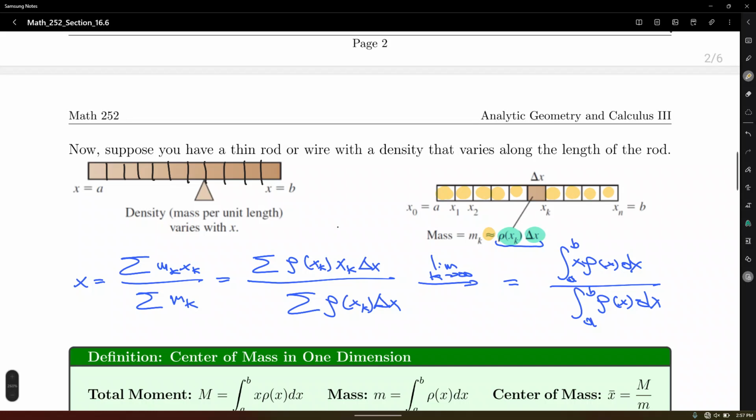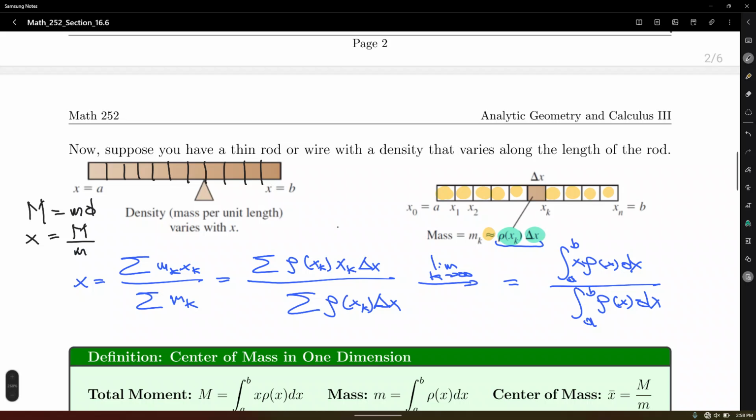Again, keep in mind that moment equals mass times distance, so the distance x will be the moment divided by the mass. So how do we find the moment?